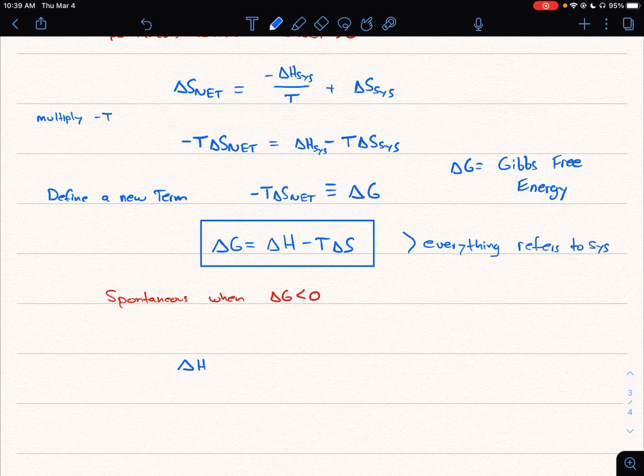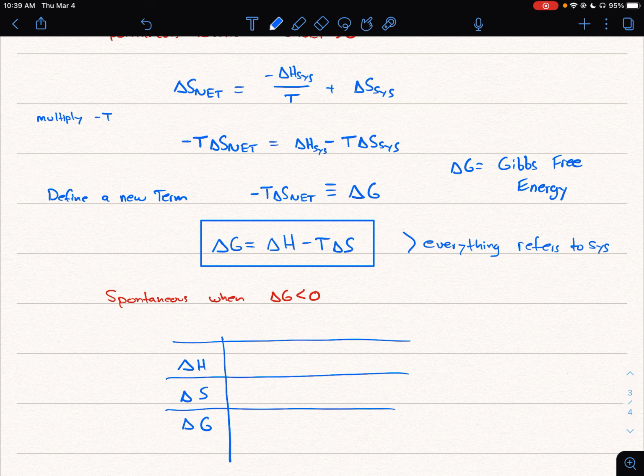We have our delta H, delta S, and delta G. Those are our terms, and up top we'll say when these terms are negative or when they are positive. What does that mean?